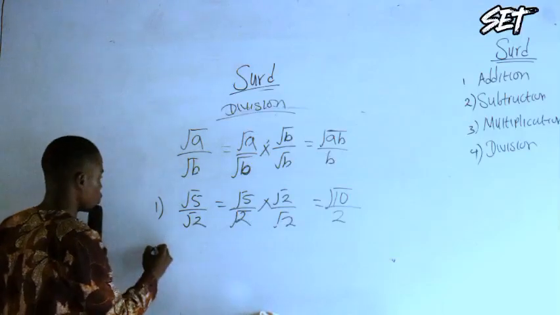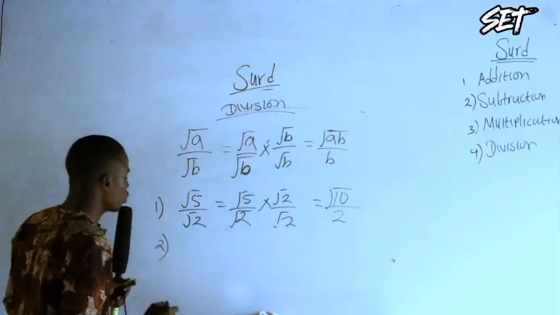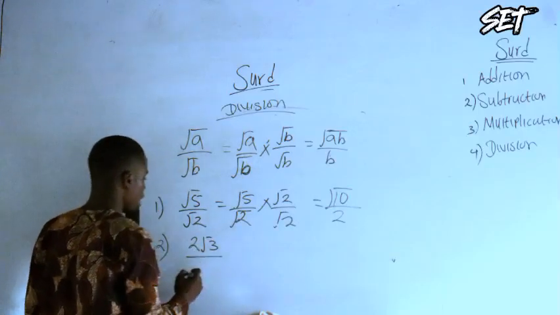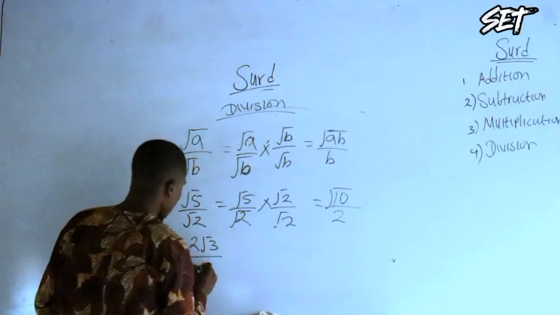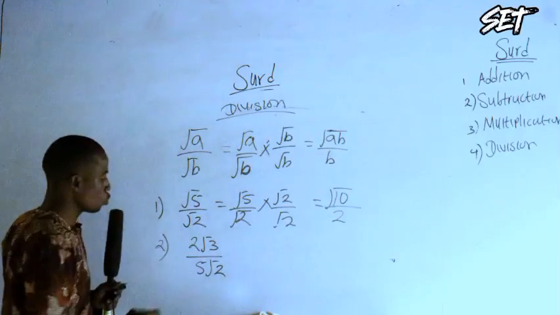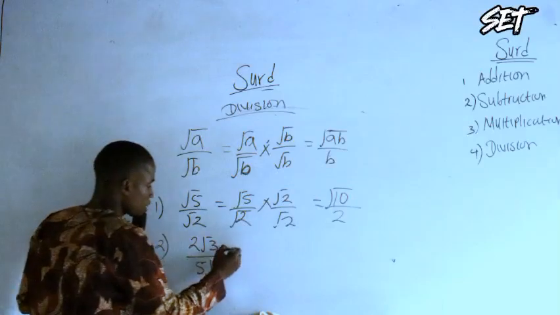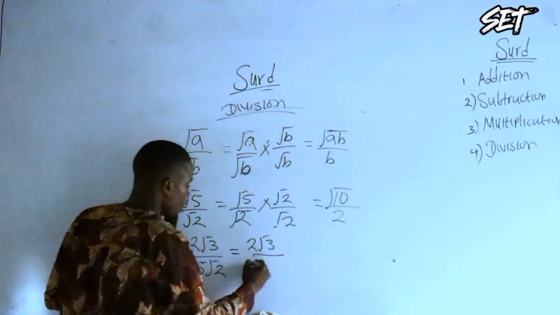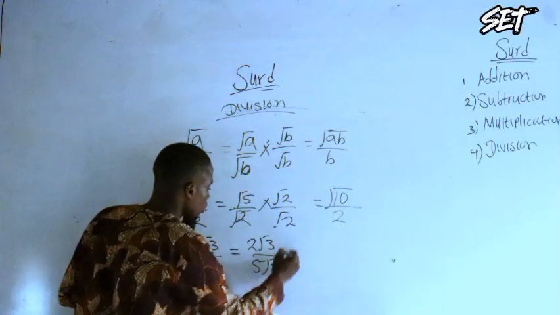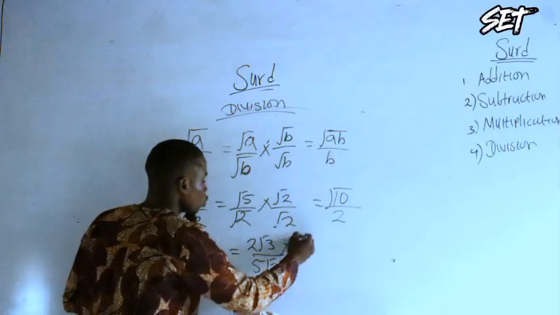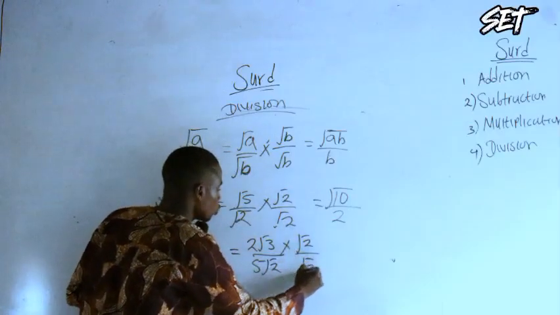Let us look at another one. Whether they give us 2 root 3 all over 5 root 2, how can we do it? Just do like this: 2 root 3 all over 5 root 2, times only the root 2 twice, root 2 all over root 2.